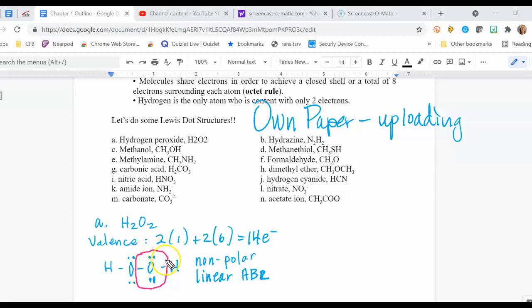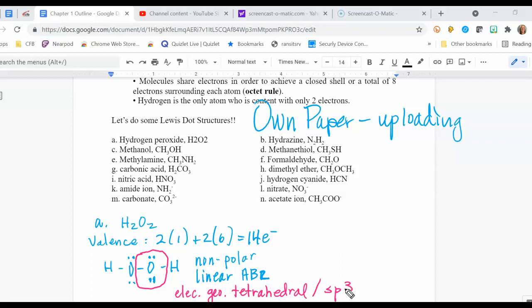I have 4 bonding locations, including lone pairs. So electrical geometry is going to be the tetrahedral format. Now, if we also had to say what the hybridization is around each oxygen, we would call each oxygen's hybridization sp3. If we were doing it around each hydrogen, we would call that just a plain old sp.